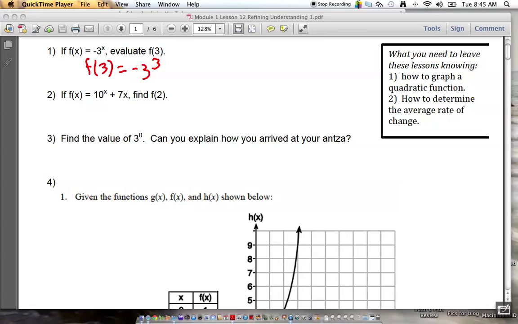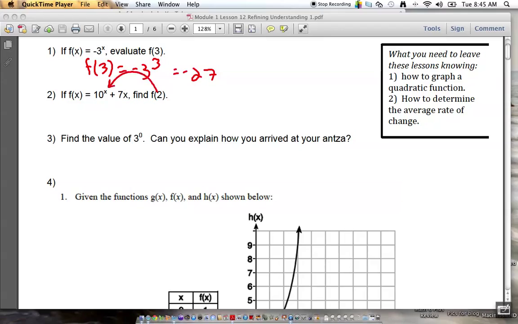No. Sorry. That's right. This is best read as negate 3 cubed. So 3 cubed is 27. Then I have to negate it. So this is negative 27. Yes? That's what I wrote down, but then you had a mental spasm? Okay. All right, next.